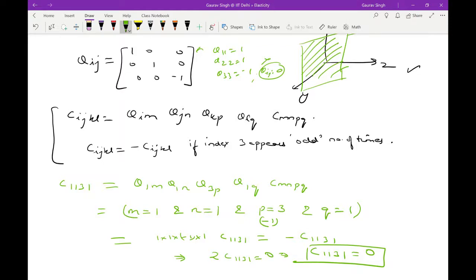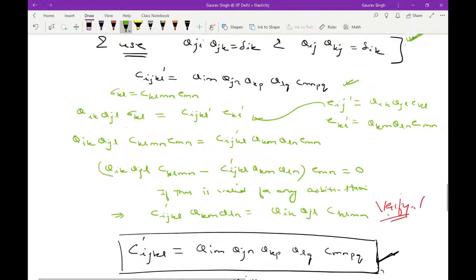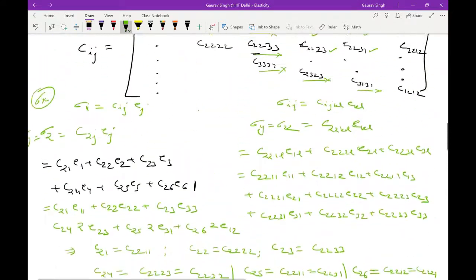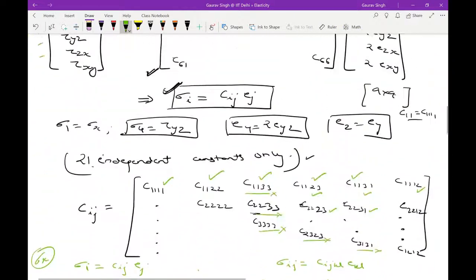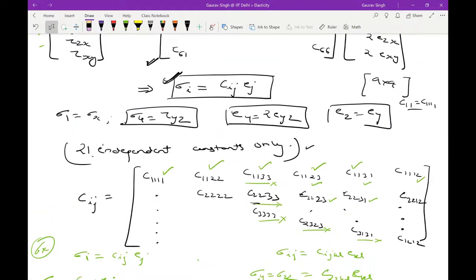Let's take up another C where it appears an odd number of times. Let's take C3333. No, but this is not an odd number of times, right? We need an odd number of times.